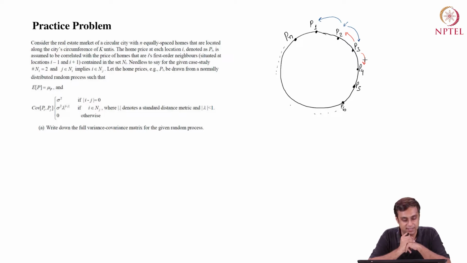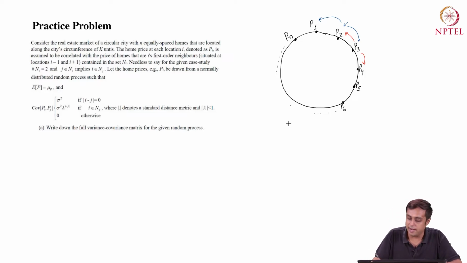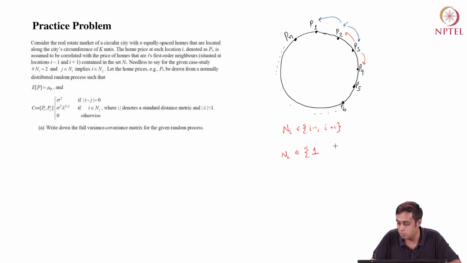We define this set Ni, which contains the neighbors of i. That is, Ni is a set which contains i minus 1 and i plus 1. The neighbors of the house at location 2 are the houses at location 1 and 3.